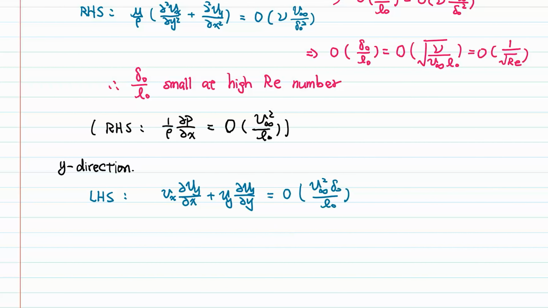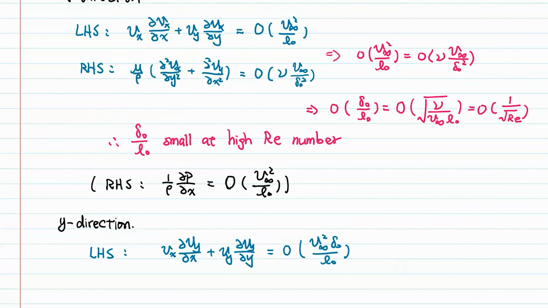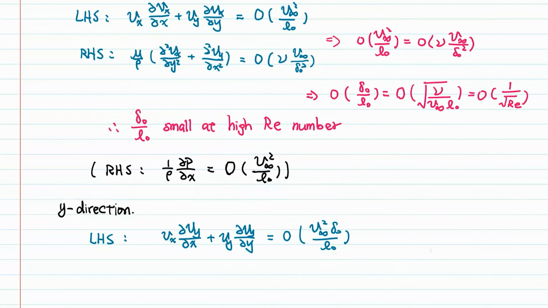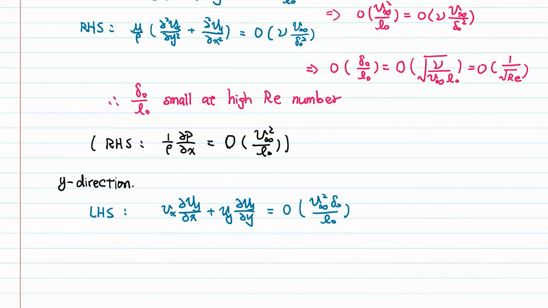Okay, and so you can look at the left hand side now. It's already much greater than the right hand side, right? So let's just do the whole analysis. So the right hand side, we now have what we have. Looking at the viscous term again, the viscous term is basically the same as the previous one.